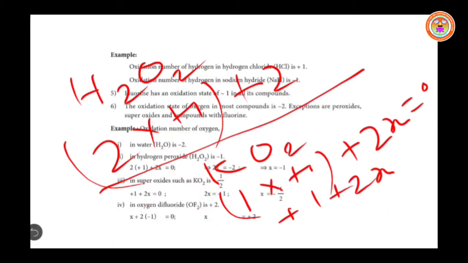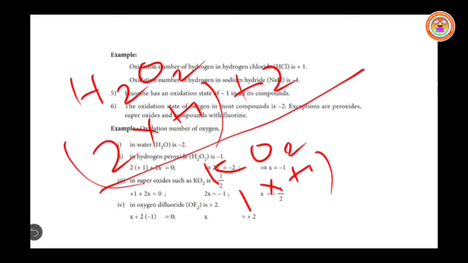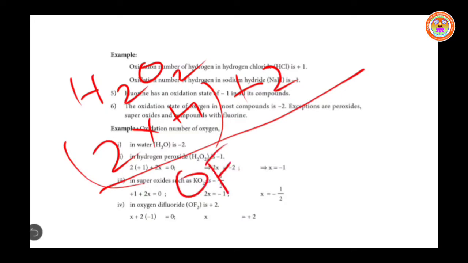Then next, in compounds with fluorine, the oxidation state of oxygen is plus 2, isn't it? Now we can see one example. Let us consider the OF2 molecule. In OF2, the oxidation state of oxygen is plus 2.